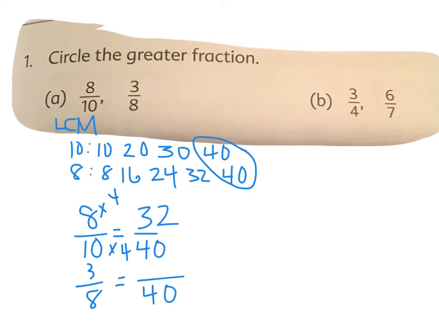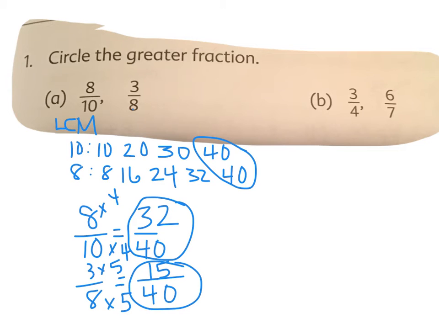What did I do? Multiply 8 times what equals 40? Times 5. 5 times 5 is 25. Now we can compare them because they have the same denominator. 32/40 and 25/40. You probably saw that 8/10 was going to be bigger.